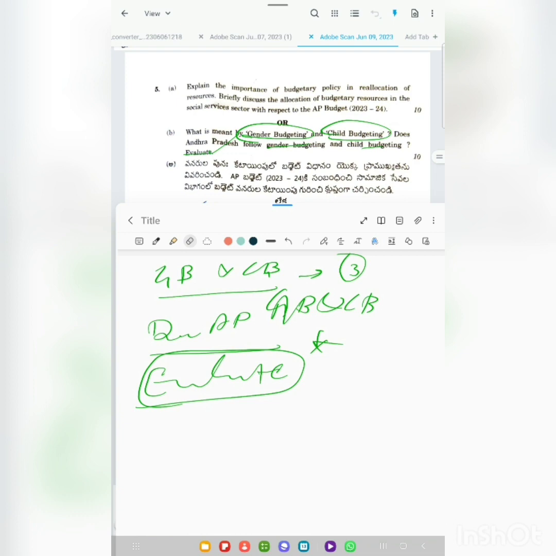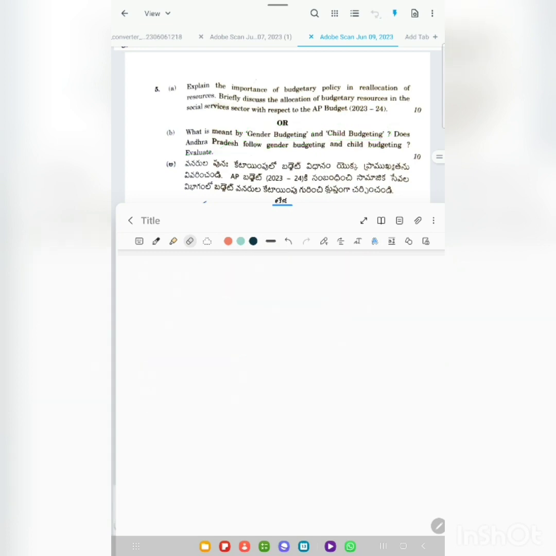Okay, we can start writing about definitions with respect to gender budgeting and child budgeting. So what is the definition of gender budgeting? What I did is I gave a brief definition.